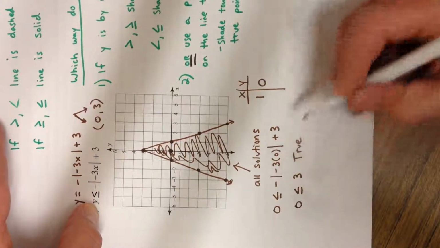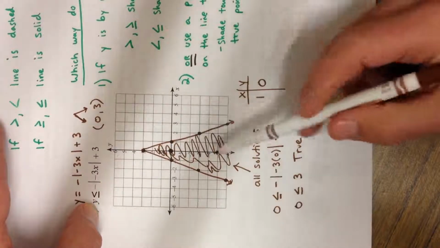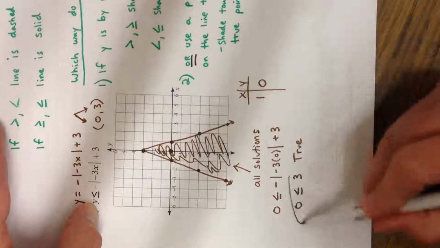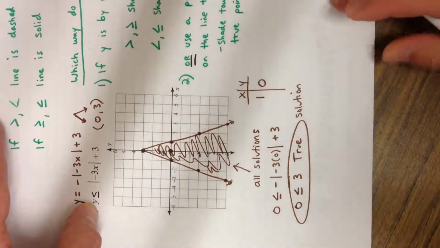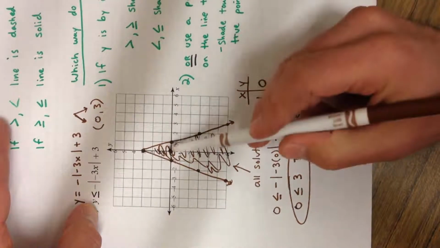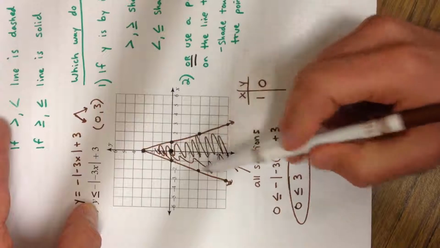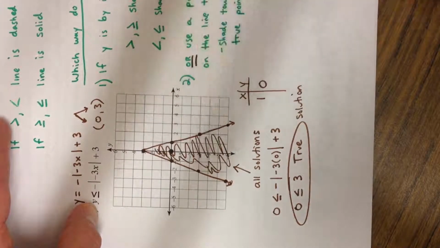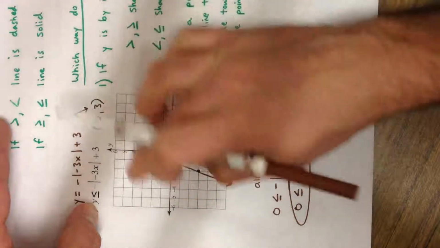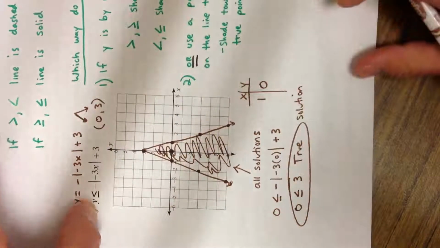That's obviously true. Since it's true, it's a solution. Now if (0, 0) is a solution, then all these other ones would work, including the ones on the line. Out here, these are non-solutions.